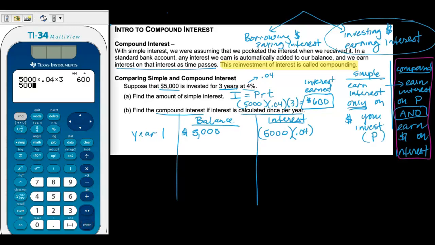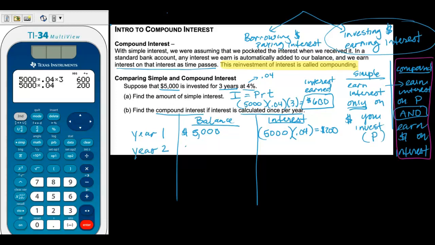So $5,000 times 0.04, and we get $200. So that's the amount of interest that's earned after year one. So I put in $5,000, I earned $200. Pretty cool. And if you look at the simple interest, in 3 years, I earned $600. So if you divide 600 by 3, that's $200 a year also. So after year one, I'm pretty much even with the two different types of interest.